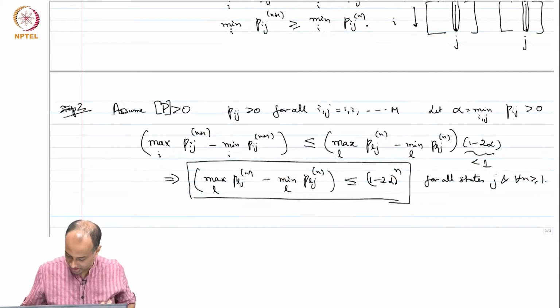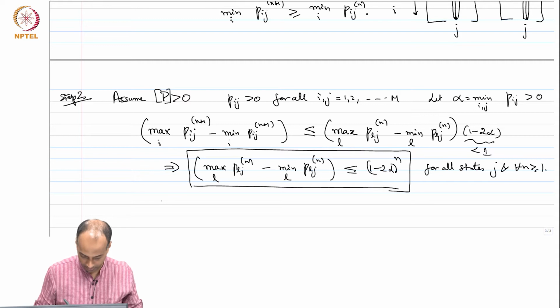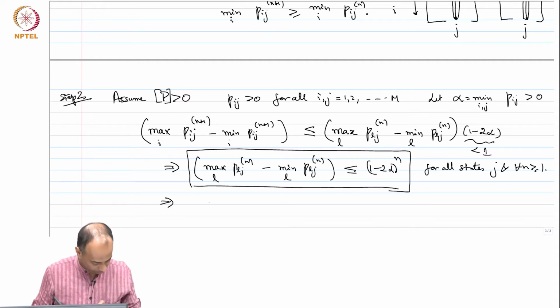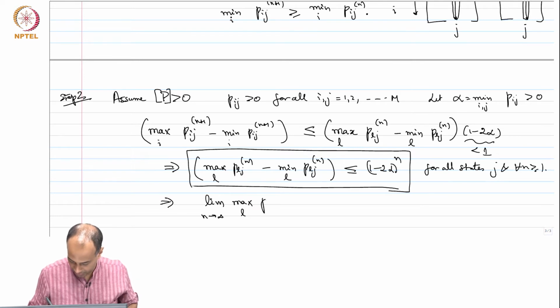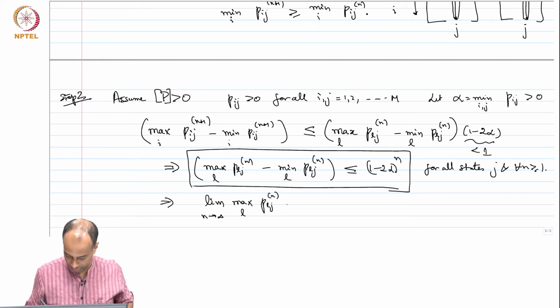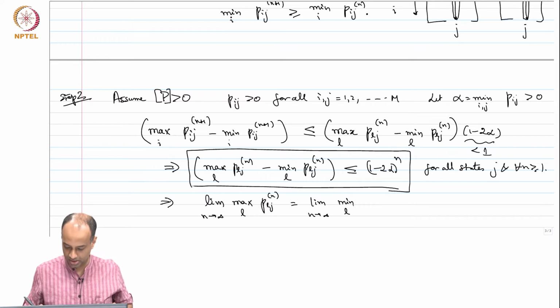So this also implies that the limit as n tends to infinity of max over l of Plj (n) is equal to the limit as n tends to infinity of min over l of Plj (n).